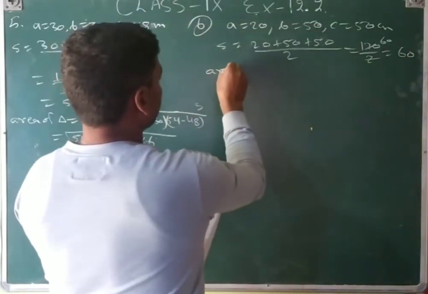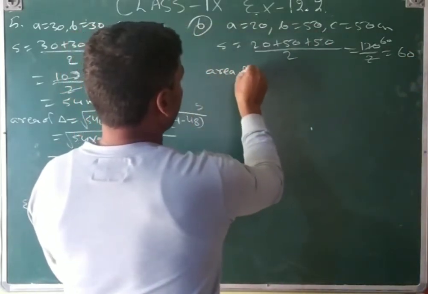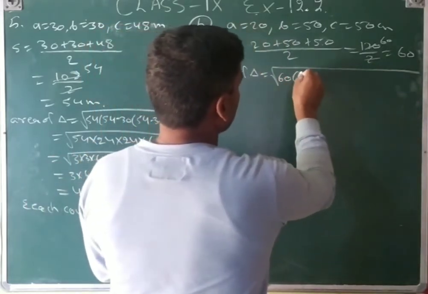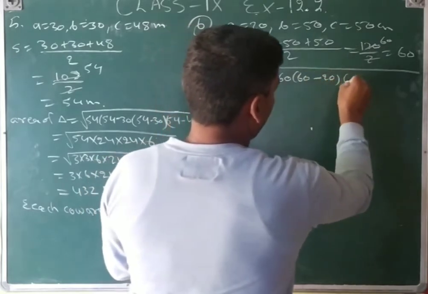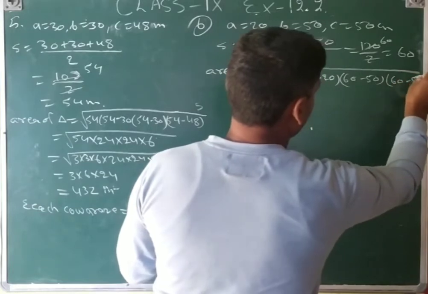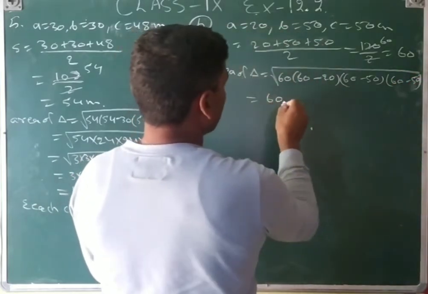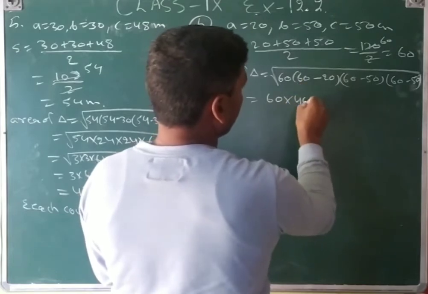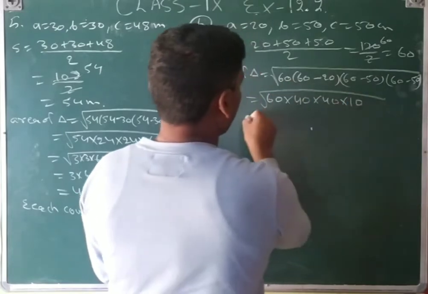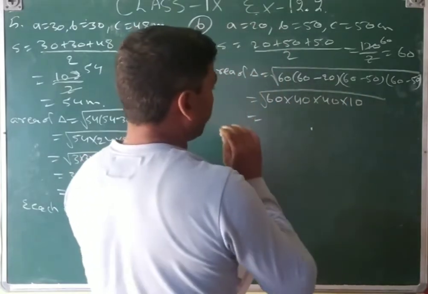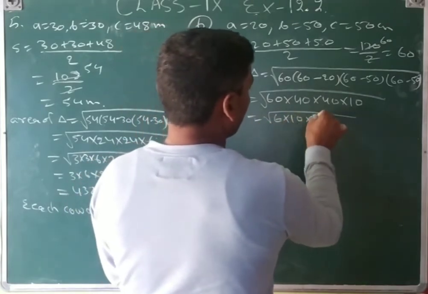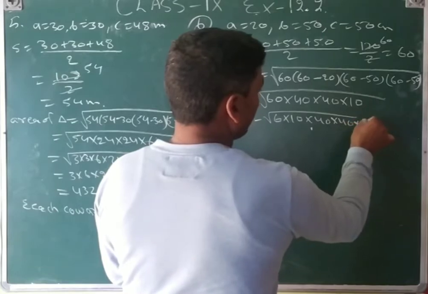Now area. Area of triangle is equal to the square root of S into S minus A, S minus B, S minus C. That is 60 into 40 into 10 into 10, and then this will be 6 into 10 into 40 into 40 into 10.